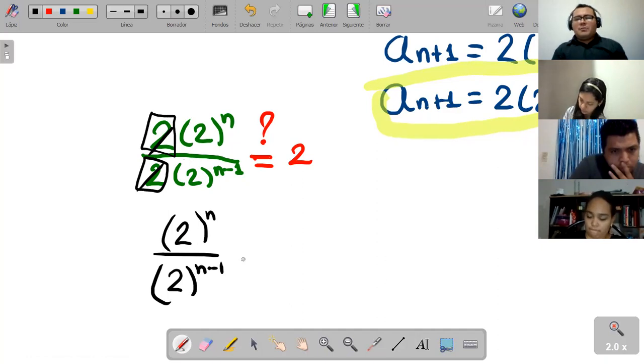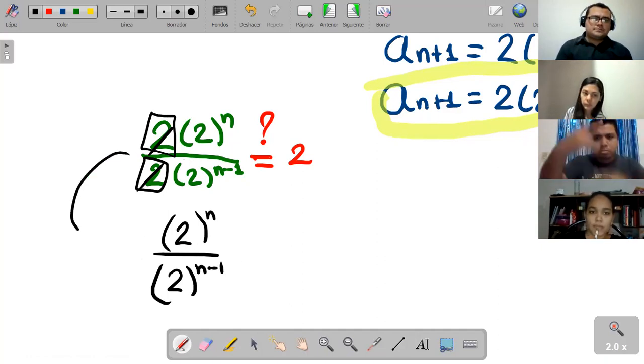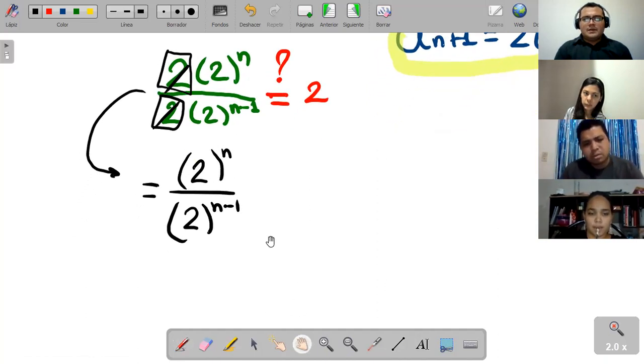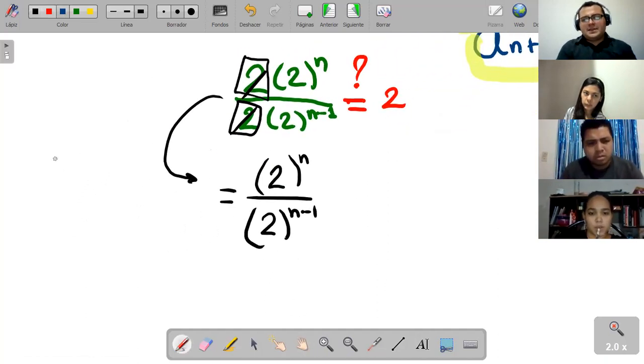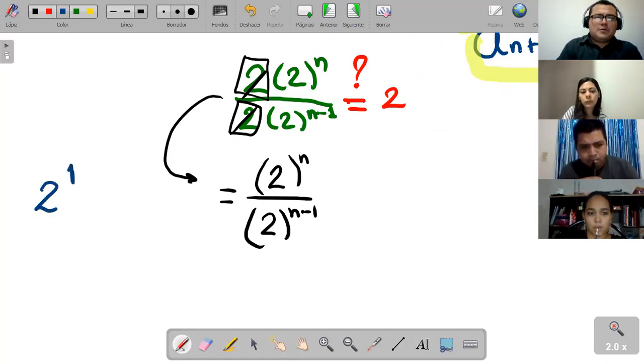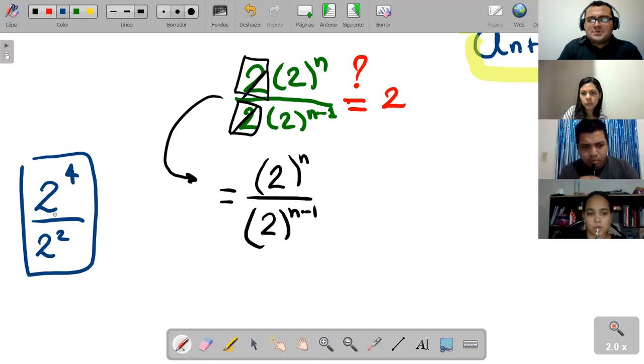Do you remember what property applies here? This is a little related to what happens if you have 2 to the power of 4 over 2 to the power of 2, just to show you an example. Do you remember what to do in those cases?